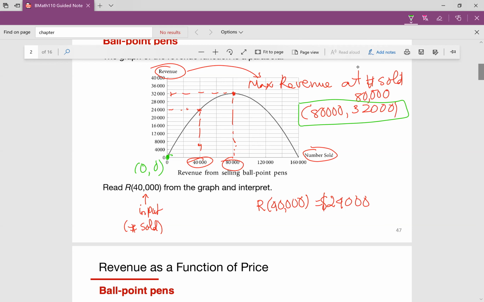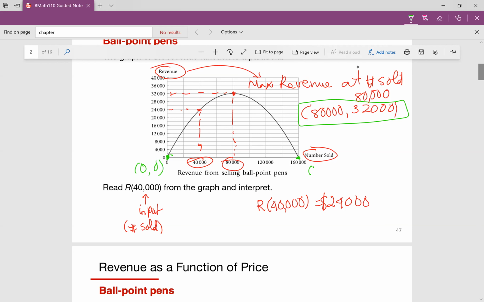But on the other side, at this point the number sold is 160,000, which is a huge amount, but you still don't have any revenue.